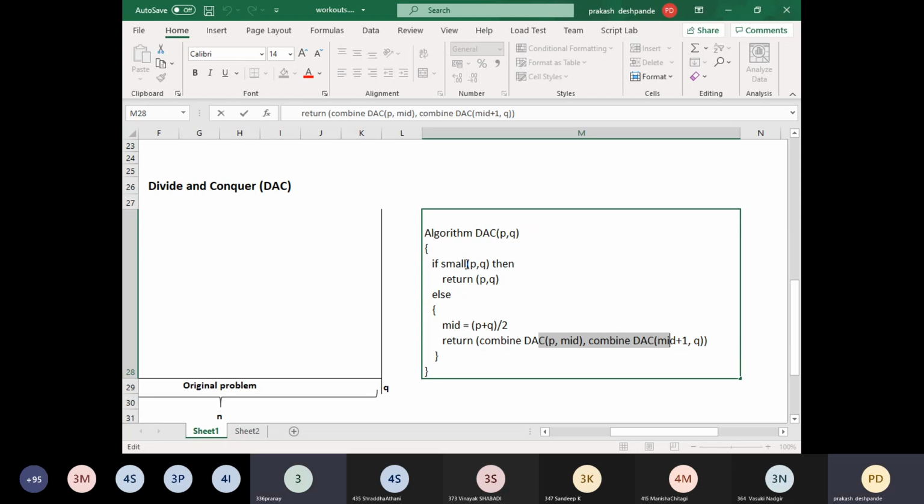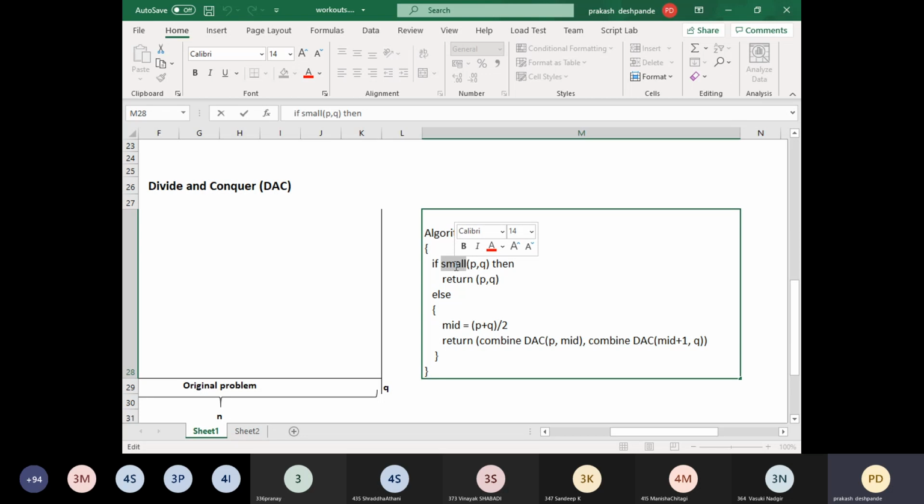So small is not a predefined function. Based upon our algorithm and the problem we have, we can define our own name there. This is just the naming convention. Small here means it is not the predefined one; it is the word used here.